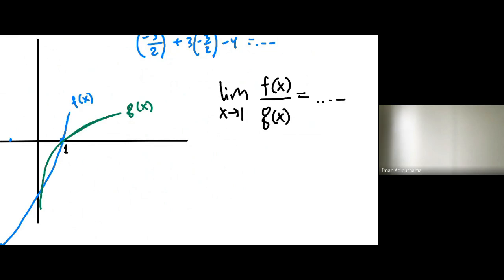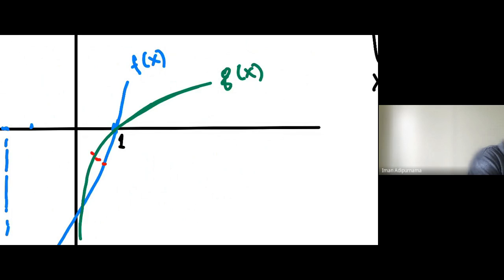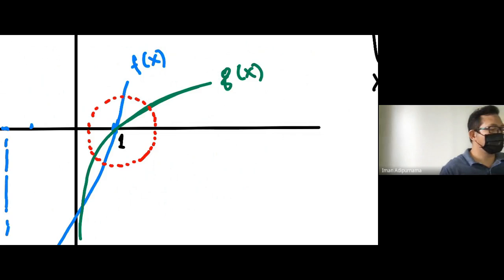If we look at this point here, closer to 1, let me make a circle. If I zoom in to this point from this circle, going closer, use your imagination.